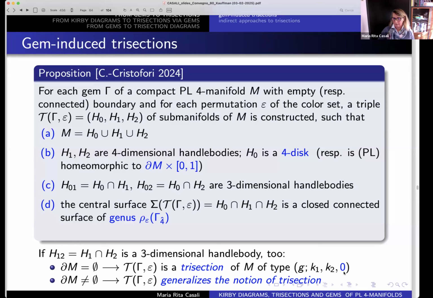This zero means this fact. What is interesting with the gem-induced trisection is that the genus of the central surface exactly equals the regular genus of the subgraph without color 4.